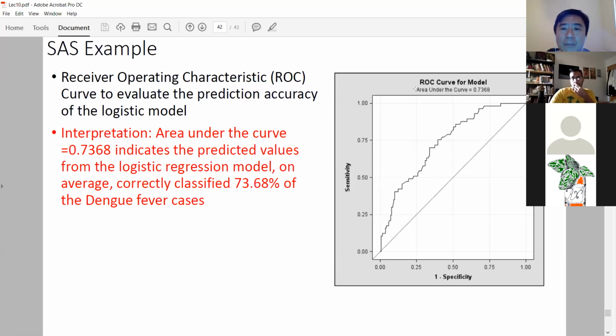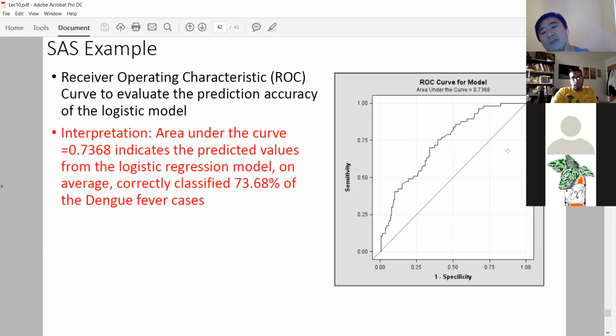And the model-based probability is just from feeding the model to assign whether this is a case or not. So you can think of the model-based predictive value as a test result, and the 0 and 1 observation as a true result, a gold standard or absolute truth.